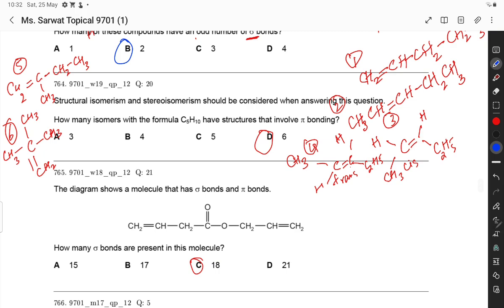Structural isomerism and stereoisomerism. We know that there are 2 types of stereoisomerism, cis-trans and optical. Optical has a chiral carbon which is surrounded by 4 different groups, and cis-trans has a carbon to carbon double bond, and each double bonded carbon has 2 different groups like this and this.